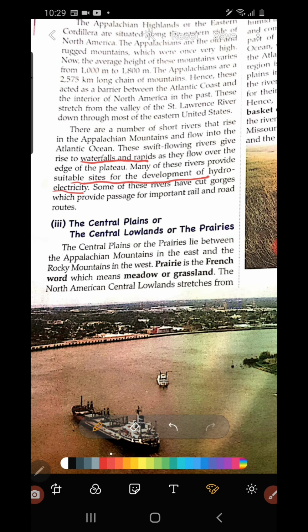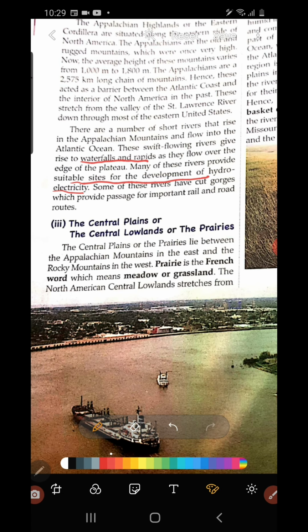The energy which is produced is stored in the dynamos, and then from the dynamos electricity is supplied. So like this, hydroelectricity is produced from the rivers flowing through the Appalachian Mountains. Is it clear? So these are all about the Appalachian Mountain.